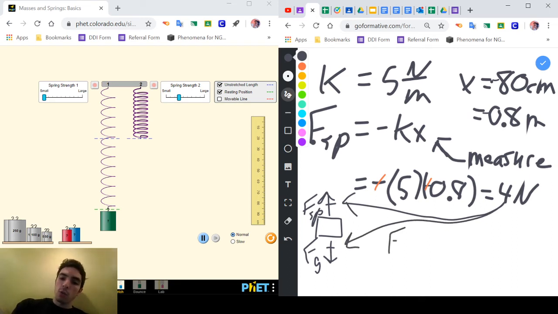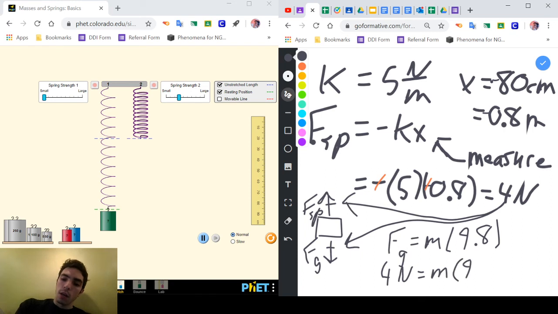And so if we use our gravity equation, we know that the force of gravity is a mass times 9.8. I can take that 4 newtons that I found for my spring force, plug that in for our force of gravity, and then solve for our mass.